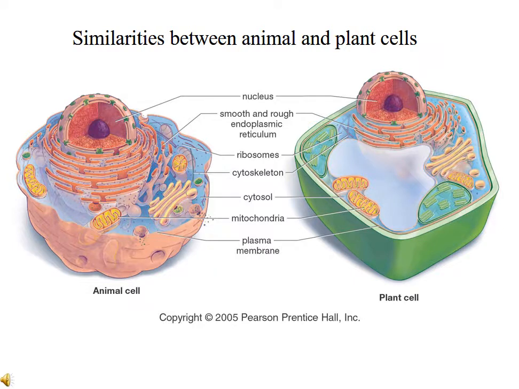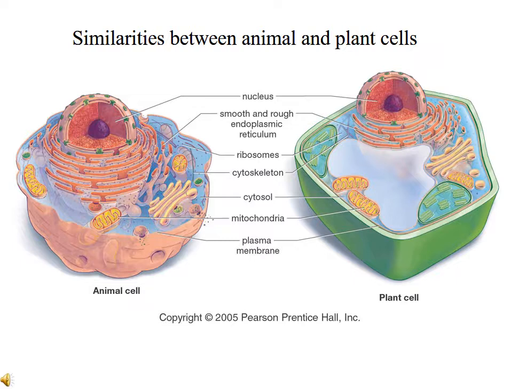The plant cell will also have a very large central vacuole for storage of food and other metabolic products. The plant cell will also have, as you can see, these green bodies, chloroplasts.